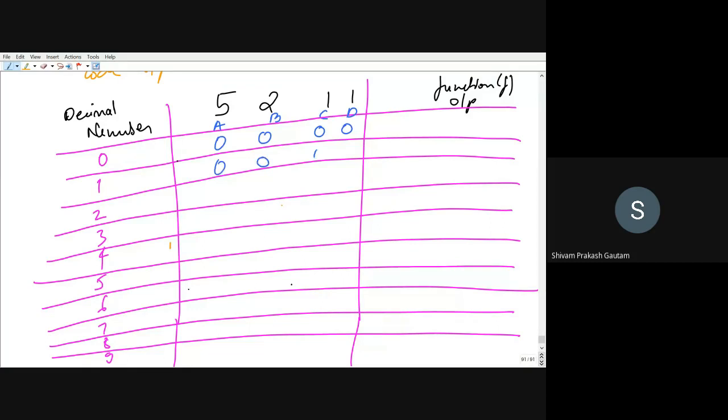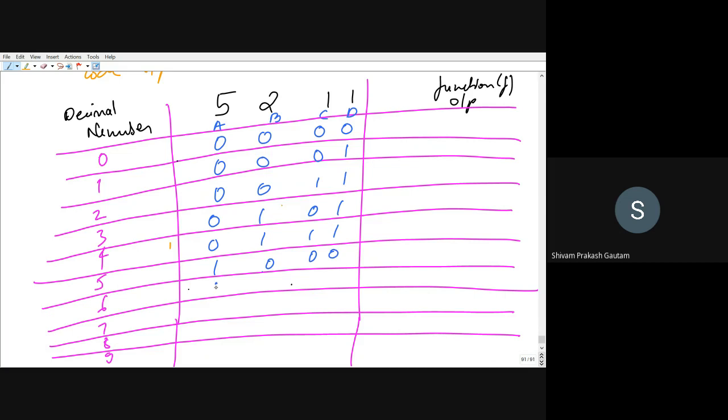0, 0, 0, 1. How can you get 2? 0, 0, 1, 1. How can you get 3? 0, 1, 0, 1. How can you get 4? 0, 1, 1, 1. How can you get 5? 1, 0, 0, 0.